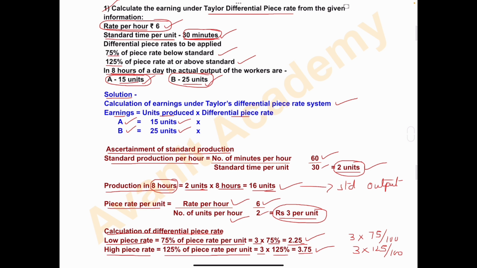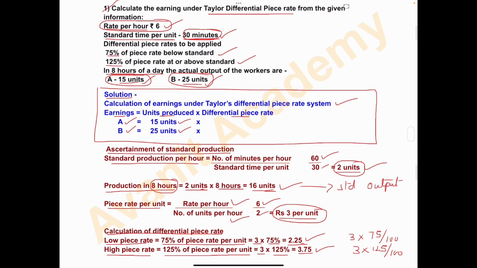Now come to the main part, that is calculation of earnings. This one. Calculation of earnings under Taylor's differential piece rate system. A. Number of units produced by A is 15 units.